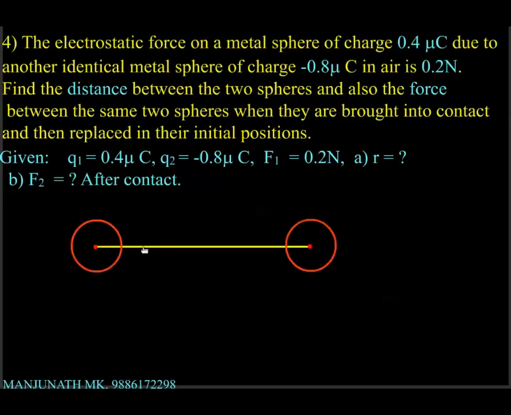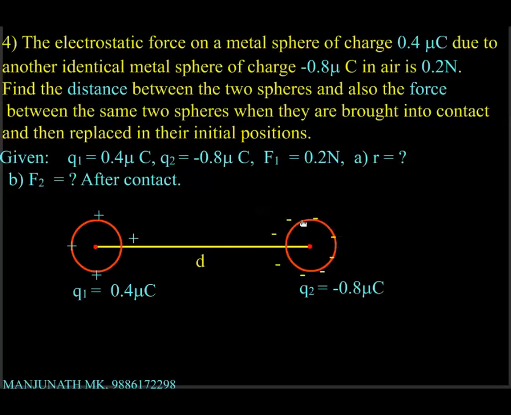Here there are two identical metal spheres. It is charged and the charge on this one is 0.4 microcoulomb positive. Let it be represented by 4 positive signs. And here this is minus 0.8 microcoulomb. This negative charge is represented by 8 negative signs.